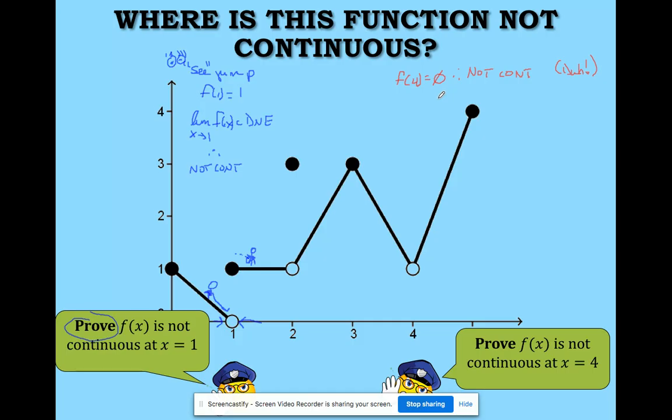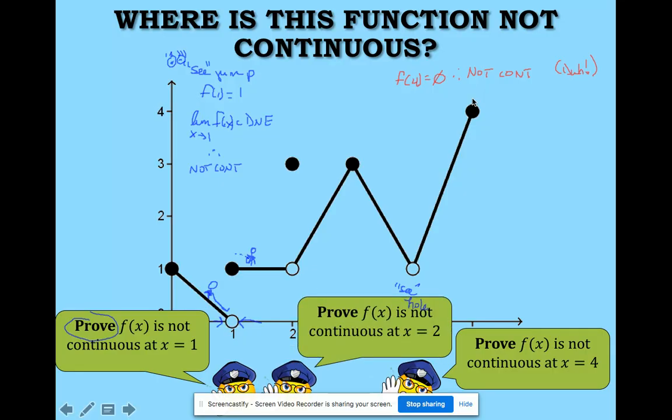Over here, I see the hole. And I say the function value at 4 does not exist at all, therefore not continuous. Uh-oh. Can you see what's going to happen here?